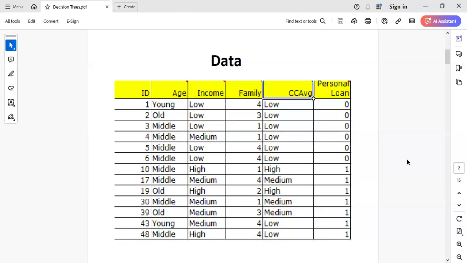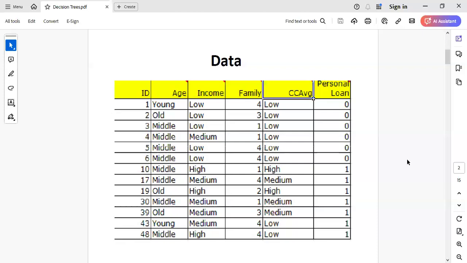In the third category of family we have only two records which come under young, no old. And in category 4 we have 6 records, out of which 4 come under middle and 2 under young. So the data is different.